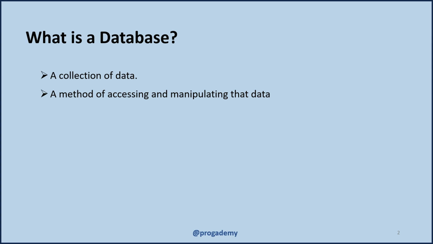For example, if you are preparing a to-do list or a phone book, you might have to add some data into it, or you might have to delete some of it which is not useful for you for later purposes. So all these things come under database. That means database is a collection of data and a method of accessing and manipulating that data.